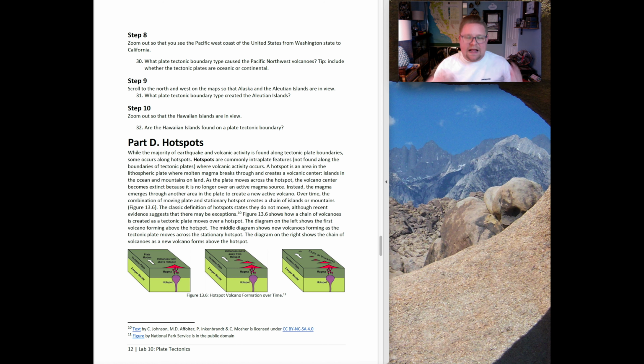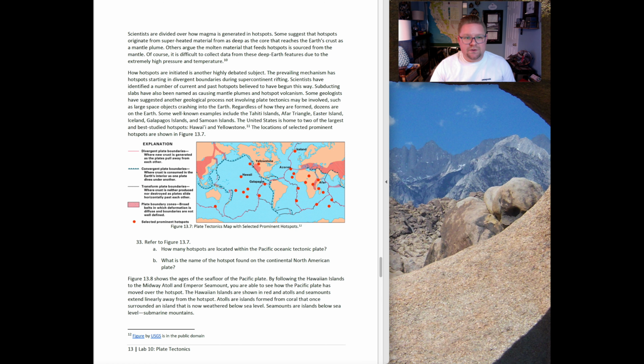So you're going to learn about how that works and operates, which brings us into this wonderful diagram here, the plate tectonic map with selected prominent hotspots. So this map, figure 13.7, is really showing plate boundaries, and then showing these locations of very prominent hotspots. One that really speaks to me when just looking, almost smack dab in the middle, is Yellowstone National Park, which is home to a super volcano, one of the largest types of volcanoes in the world.